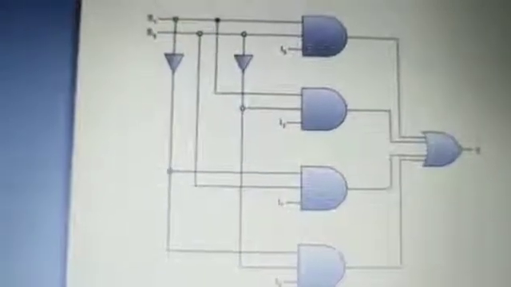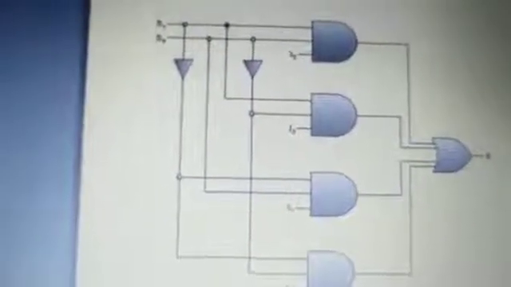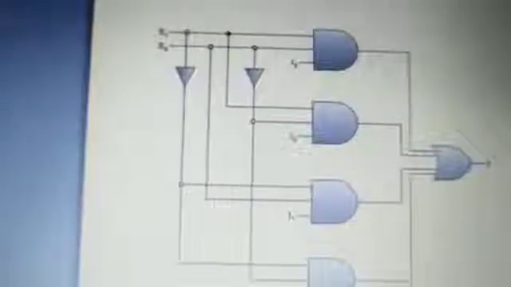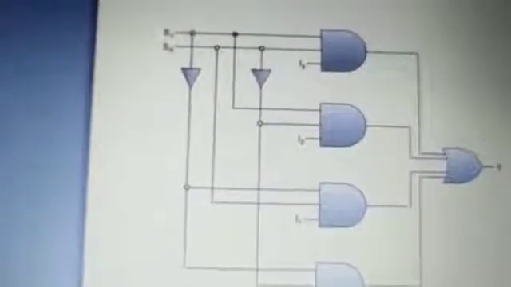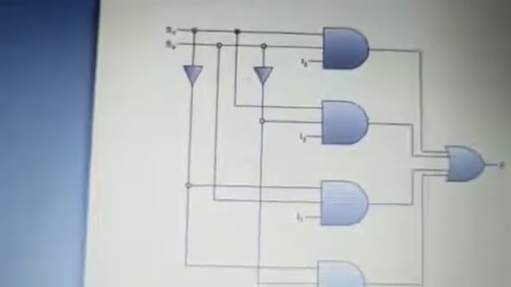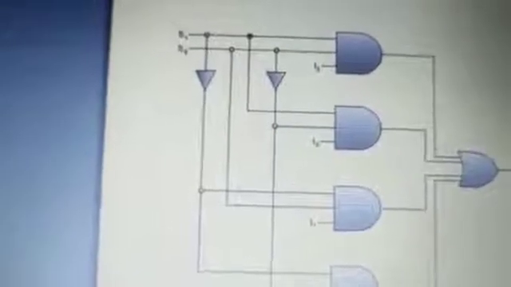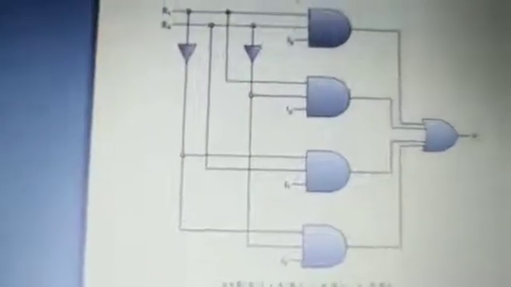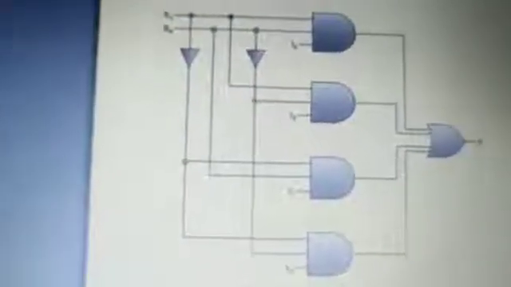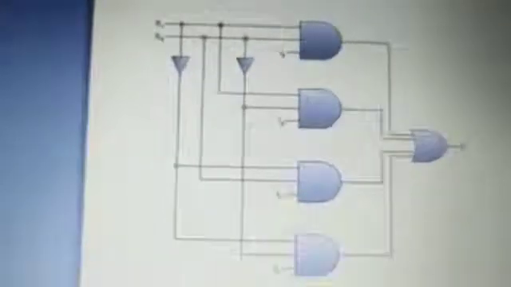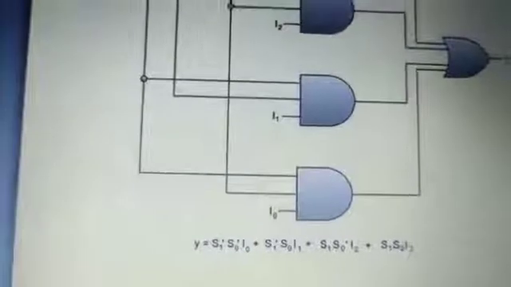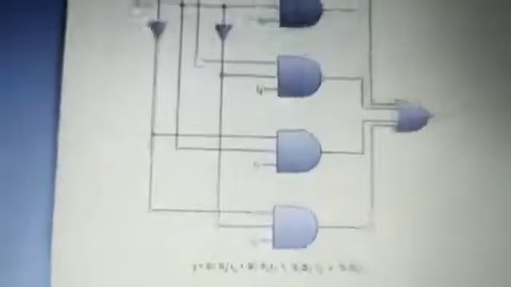For I1, S0 is directly going on but S1 is in bar form. For I0, both S0 bar and S1 bar are going. So this is the final output Boolean expression.